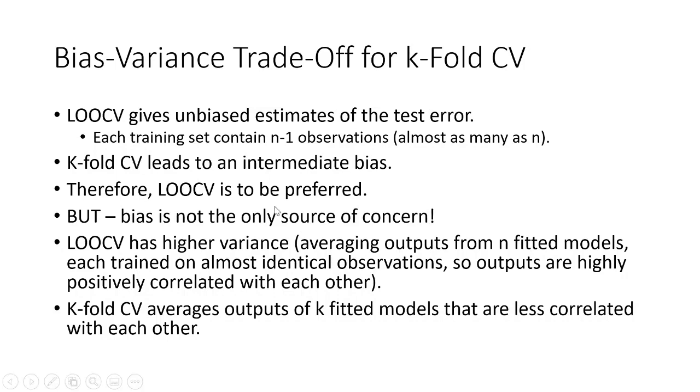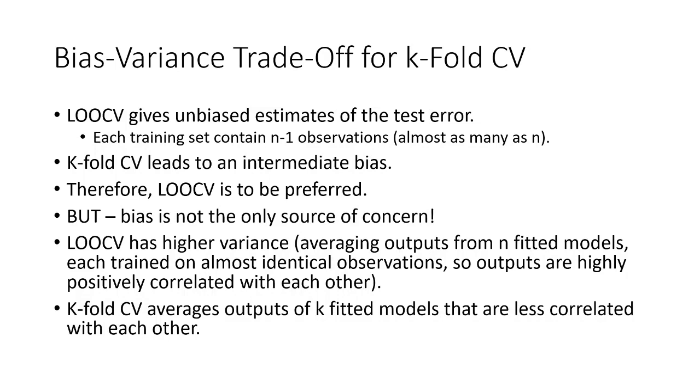However, if we look at the variance, bias is not the only source of concern. We also need to look at the variance. LOOCV has a higher variance. Why? Because it averages outputs from n fitted models, each trained on almost identical observations, so the outputs are highly positively correlated with each other.